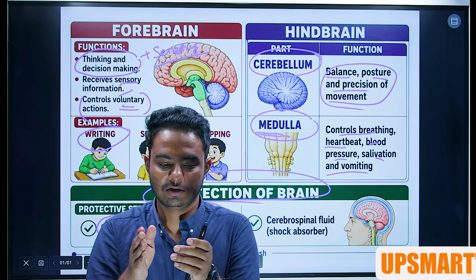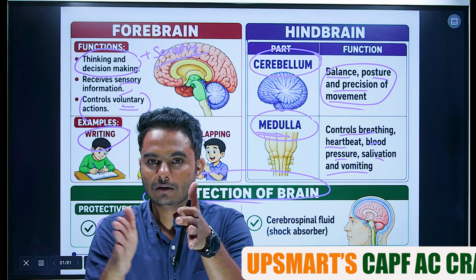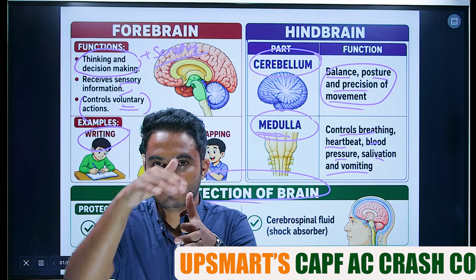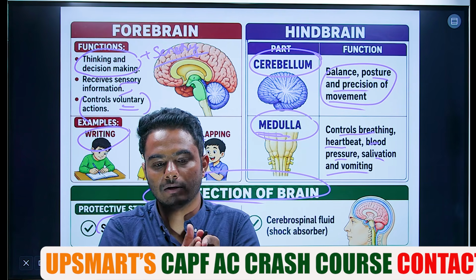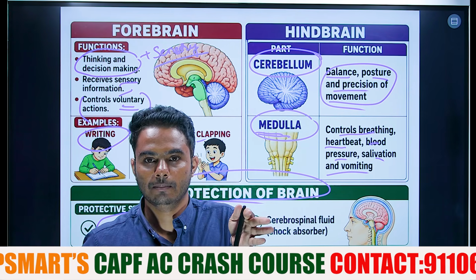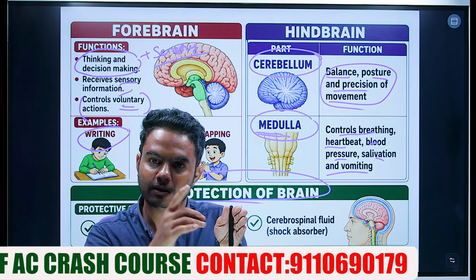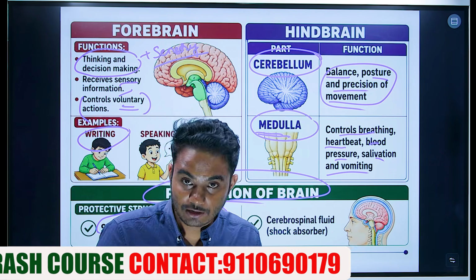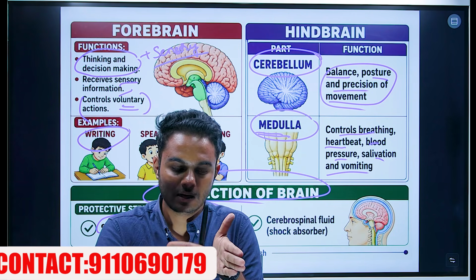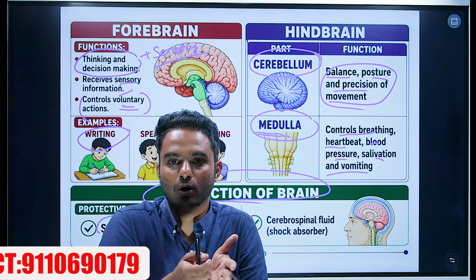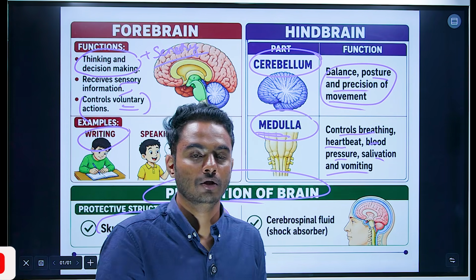Why, sir? If this pen gets hit, my hand also will react, shake and feel the pain, not just the pen. If this is the skull and this is the brain, then if something hits the skull, the brain should also pain. No, why not? Because there is a fluid between the skull and the brain. That fluid takes all the pressure so that the brain is safe.